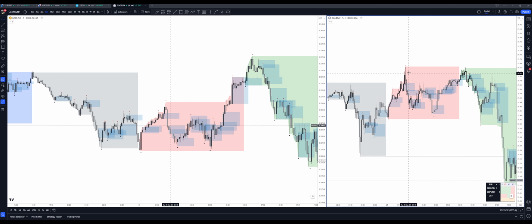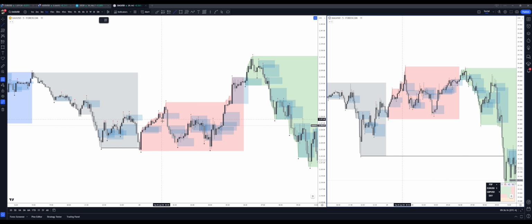We then take this high, but the first SMT in my eyes is still going to be bullish. So I'm still looking for 5-minute PSP to the upside with SMT. What we do see is these are not in SMT.